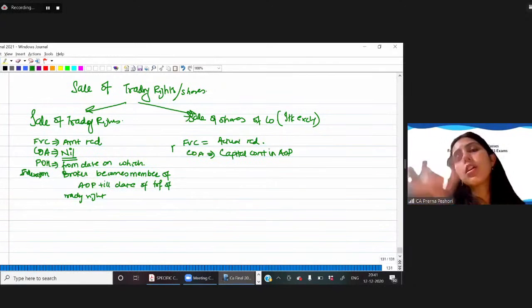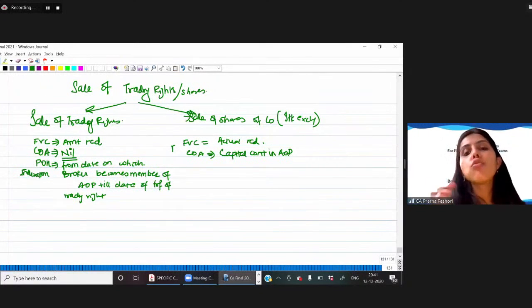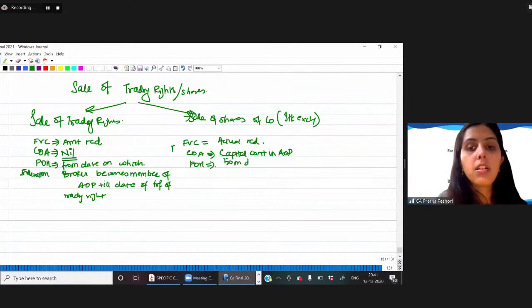The capital contribution in AOP was converted to shares. So cost of acquisition will be the capital contribution in AOP. Period of holding and indexation will be from the date of becoming member in AOP.